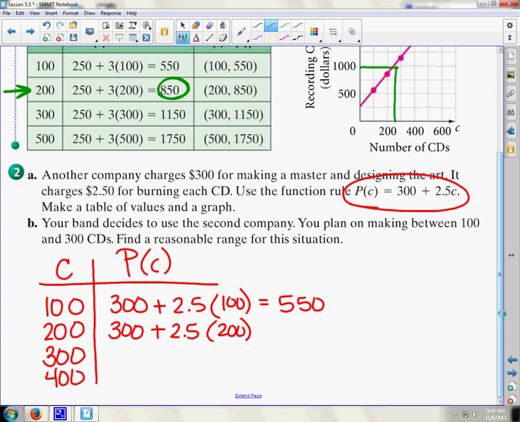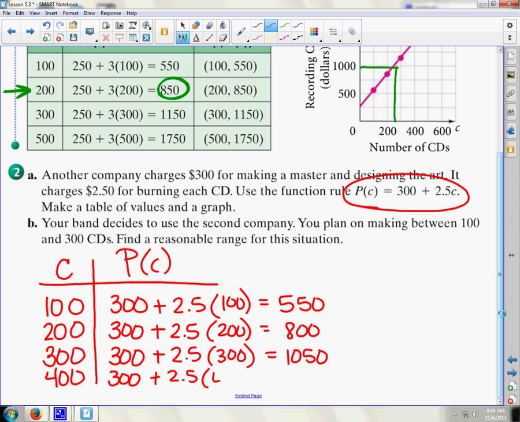So 2.5 times 200 is 500 plus 300 is 800. 300 plus 2.5 times 300. That is 750 plus 300 is 1050. And then 300 plus 2.5 times 400 is 1,000 plus 300 is 1,300.